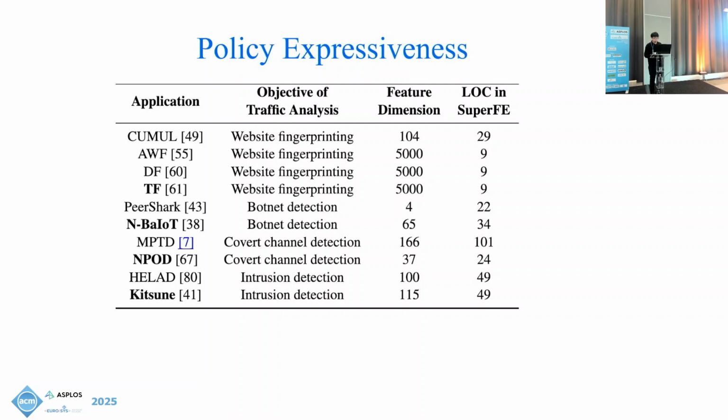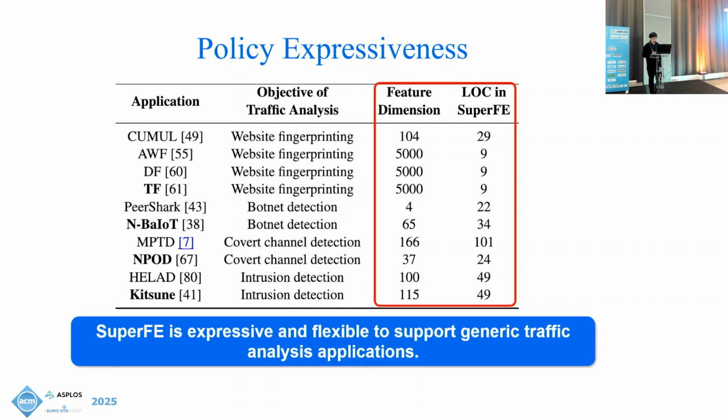To demonstrate the expressiveness of the SuperFE policy interface, we re-implemented the feature extractors of 10 state-of-the-art traffic analysis applications using primitives provided by SuperFE. This table lists the lines of code needed to implement them with SuperFE. As we can see, SuperFE is expressive and flexible to support generic traffic analysis applications.